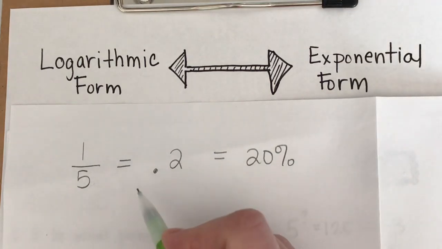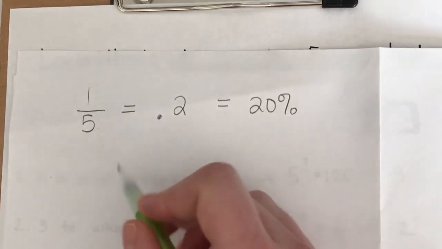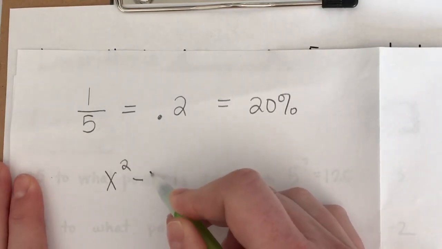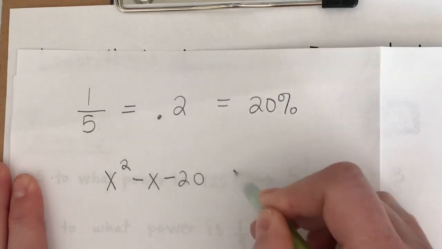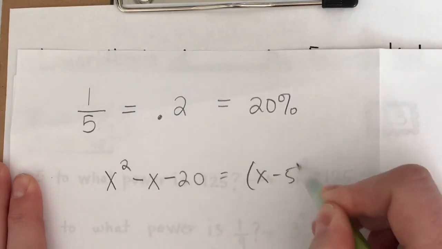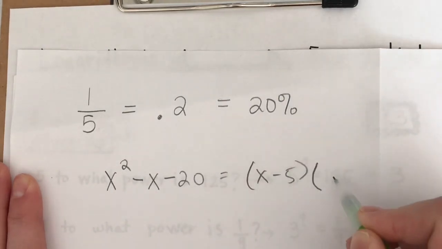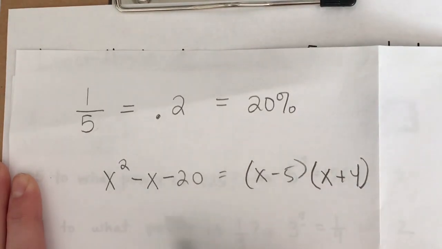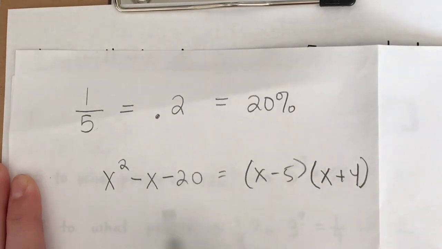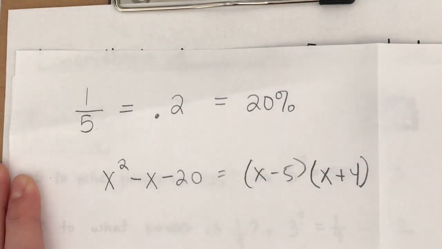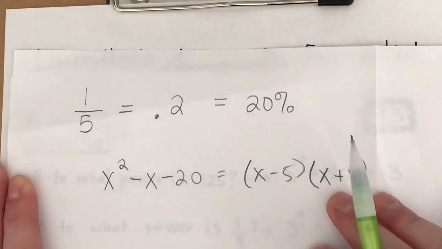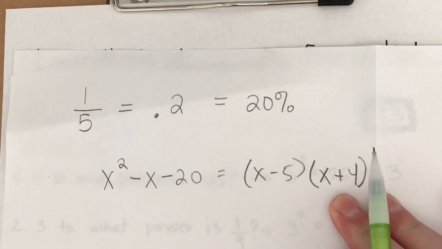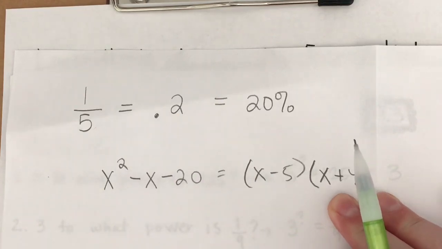Now, you guys also have learned how to rewrite expressions, so that if you had x squared minus x minus 20, you know that expression is the same thing as x minus 5 times x plus 4. Sometimes we want this expression, sometimes we want that expression, but the whole idea is they're equivalent to each other. And so we're going to learn how to express these exponential and logarithmic functions with equivalent statements.